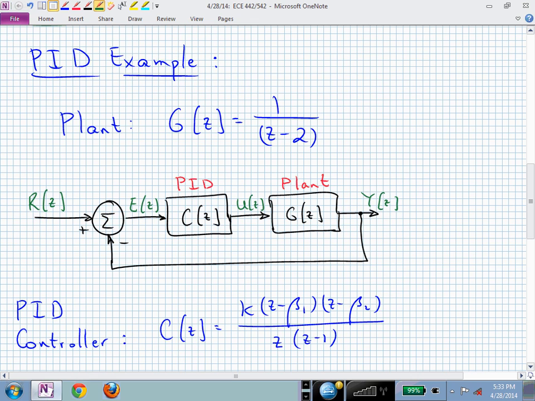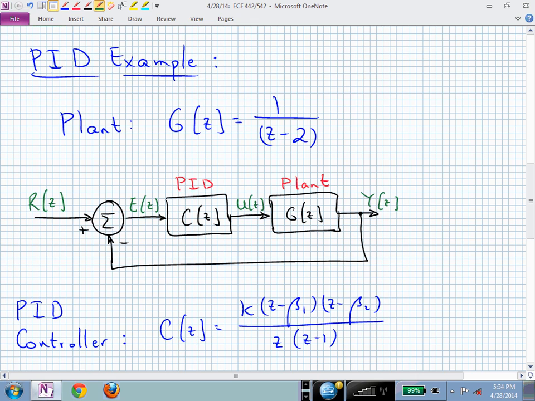And our PID controller, capital C of Z, has 2 fixed pole locations at the origin and at Z equal 1. And it's our job in the PID controller design to select beta 1, beta 2, and K. We have 3 parameters now to select in a PID controller design.